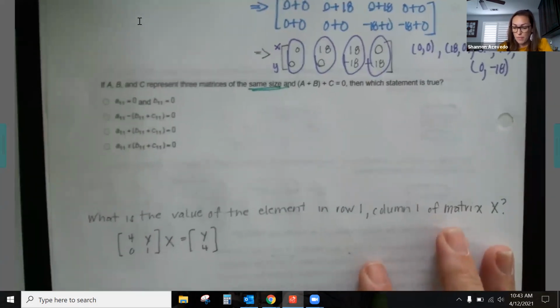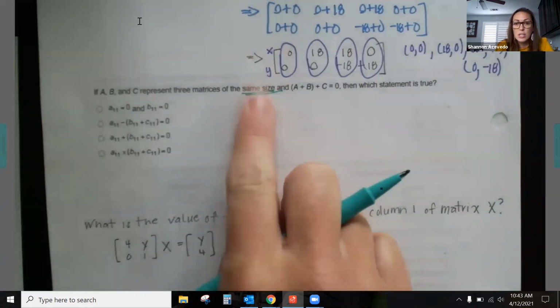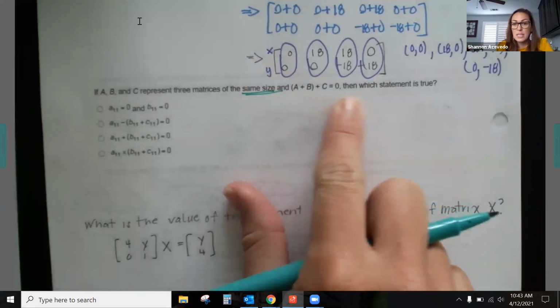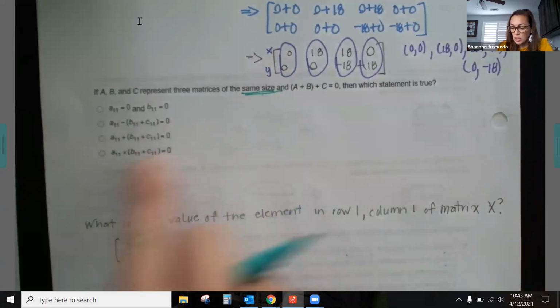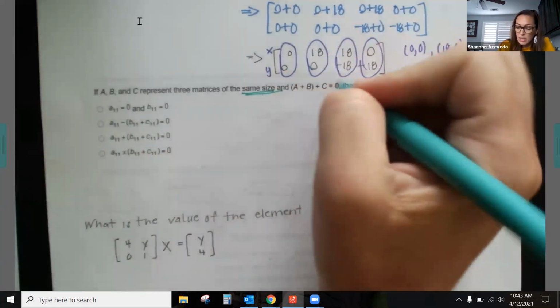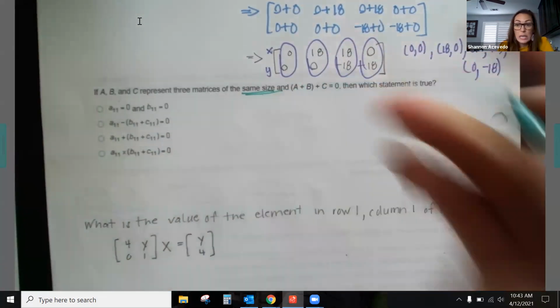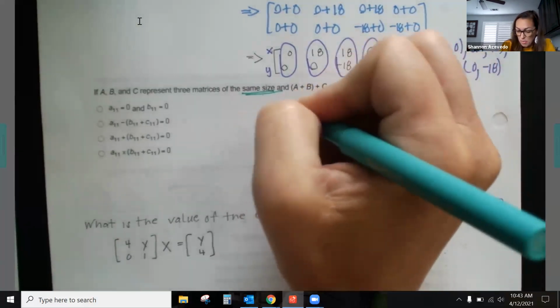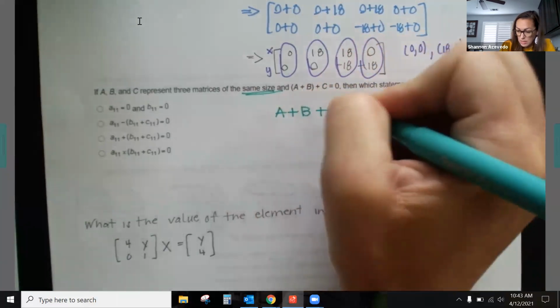Adding, they do. So they have the same dimensions and A plus B plus C is equal to 0, then which of these statements is true? What this basically tells me, whether it has parentheses here or not, it doesn't matter when it's addition. So this is just saying A plus B plus C is equal to 0.